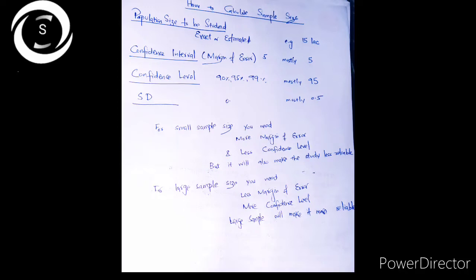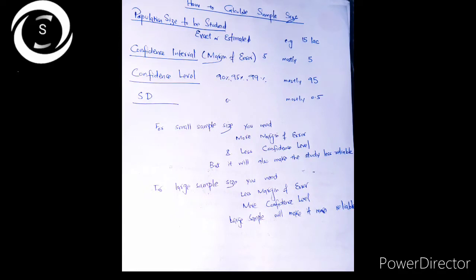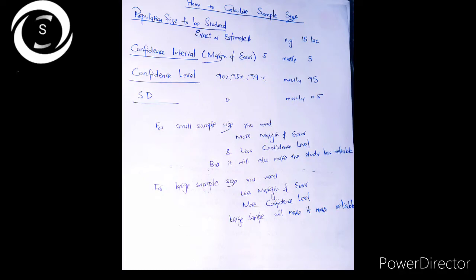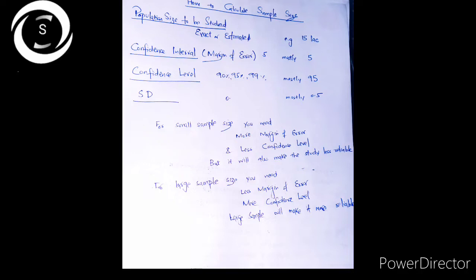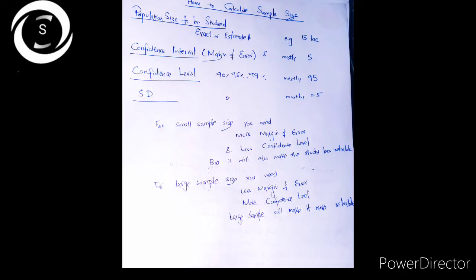For example, if your confidence interval is 6 and 60% of your sample picks an answer, you will be confident that if you had asked the entire population, between 60 minus 6, 54, or 60 plus 6, 66, would have picked that answer. So that is the confidence interval or margin of error. If you decrease it from 6 to 4 or 3, then you have to increase the sample size.